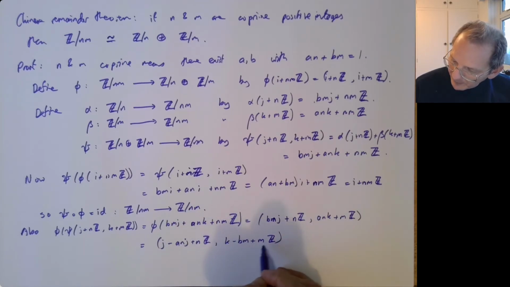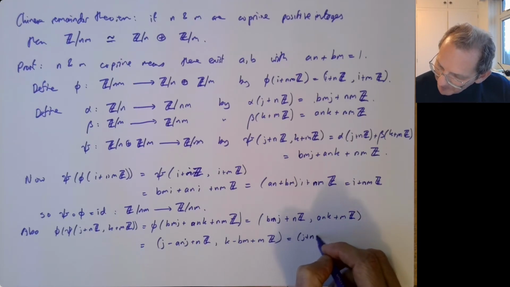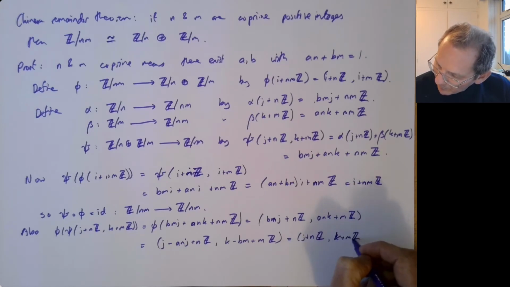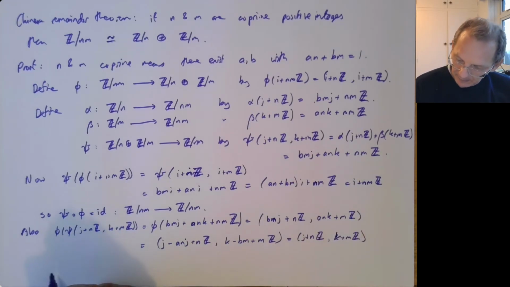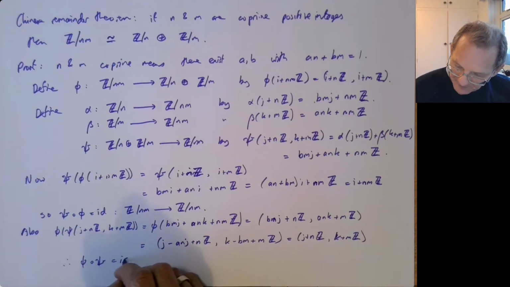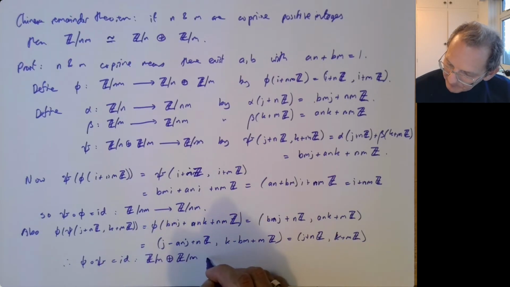Here we're working modulo m, so the bmk doesn't make a difference. So that's j plus nz, k plus mz. So phi composed with psi is the identity on this direct product.